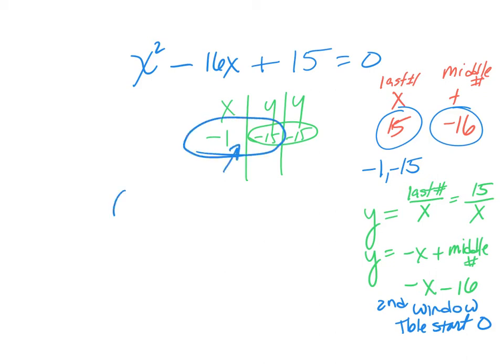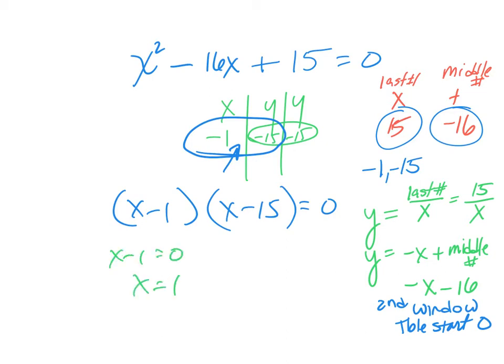So you're going to make one parenthesis and say x minus 1, and the other one x minus 15. That's how you factor that trinomial. Now you just make x minus 1 equal to 0. So x equals 1, and x minus 15, I don't know what I'm doing.